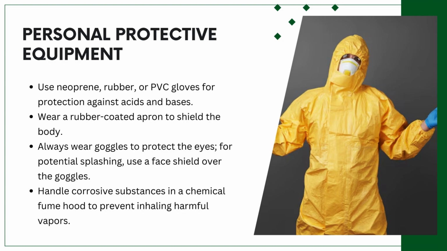Handle corrosive substances in a chemical fume hood to avoid inhaling harmful vapors. Following these first aid steps and using proper PPE can significantly reduce the risk of injury when exposed to chemicals. Always prioritize safety and seek medical attention immediately in case of exposure.